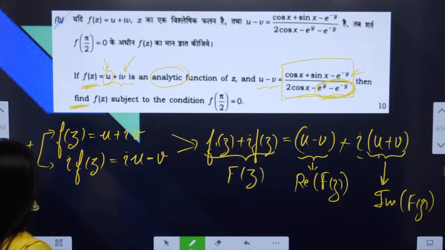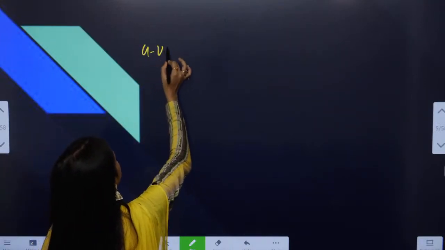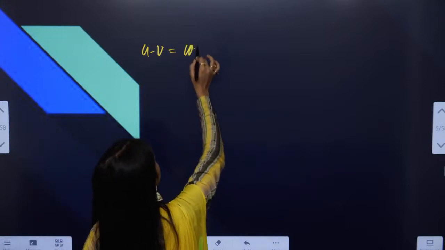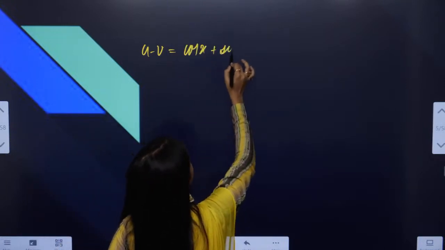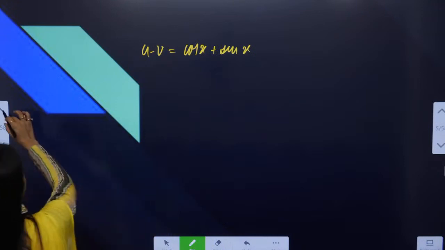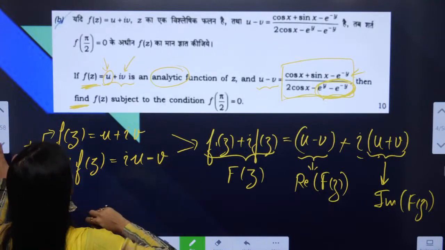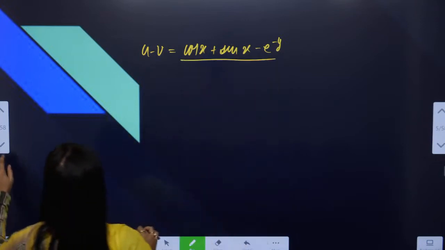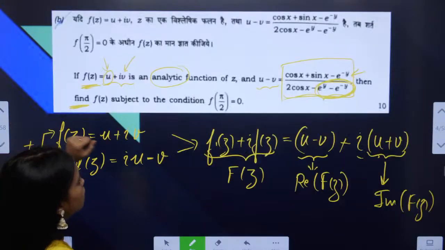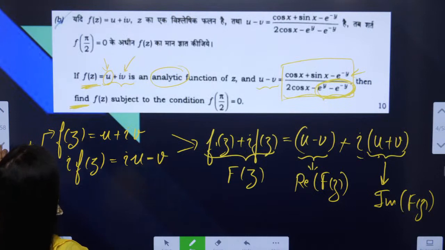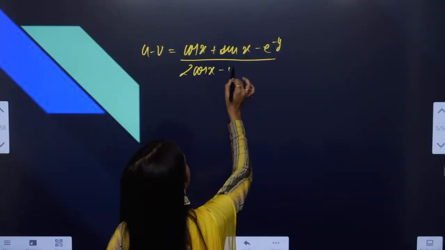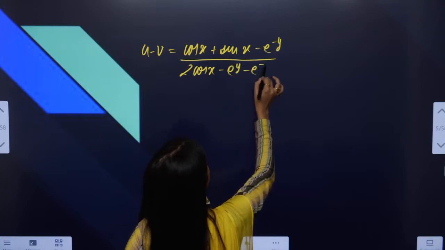So u minus v, which is already given to you, is cos x plus sin x minus e raised to the power y minus e raised to the power minus y, upon 2 cos x minus e raised to the power y minus e raised to the power minus y.